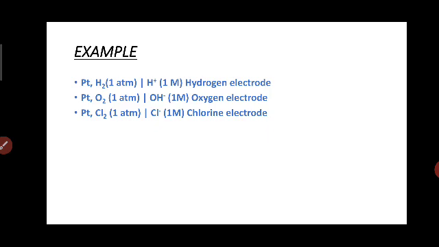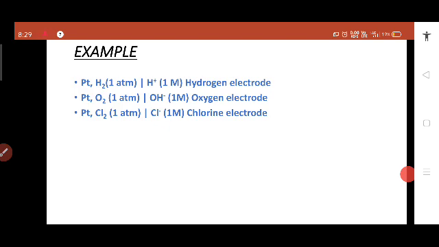That's why these are the hydrogen electrode, oxygen electrode, and chlorine electrode. These are the electrodes and electrode reactions, and in further classes we will discuss the cell reactions and representation of cells.